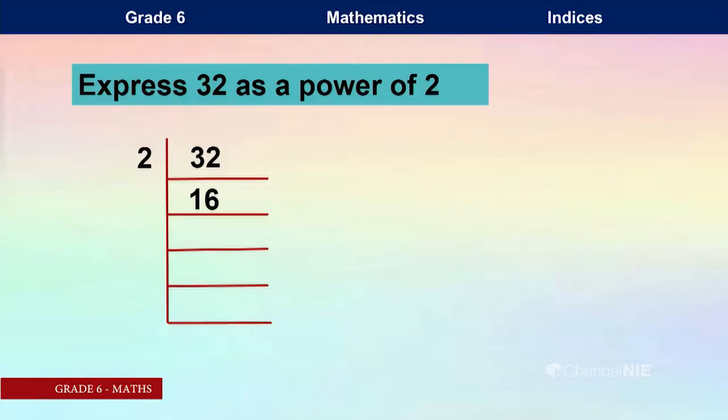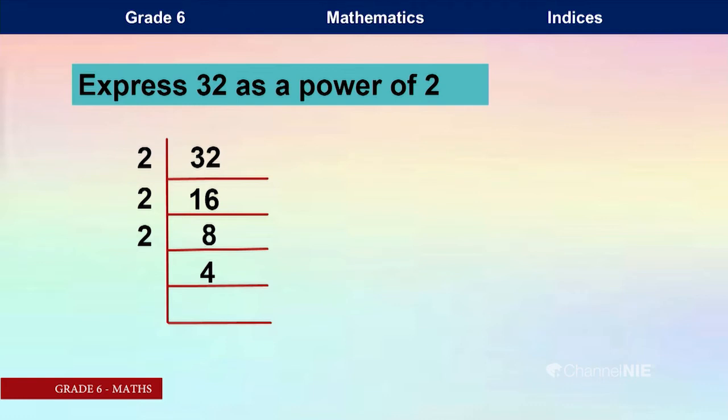After dividing that, the answer is 16. 16 also we have to divide again by 2, that is 8. 8 also we have to divide by 2. So, what is the answer after dividing it by 2? That is 4. Again 4 also we have to divide, my dear children.